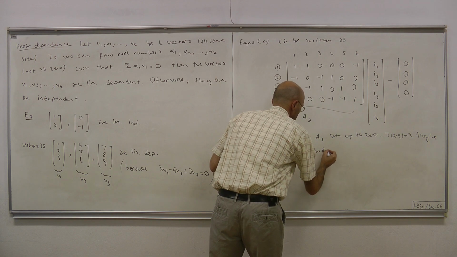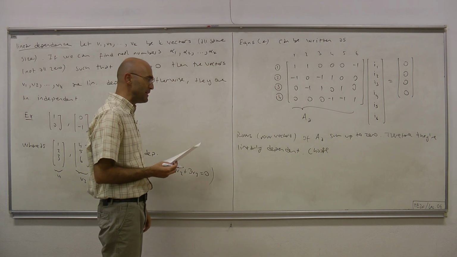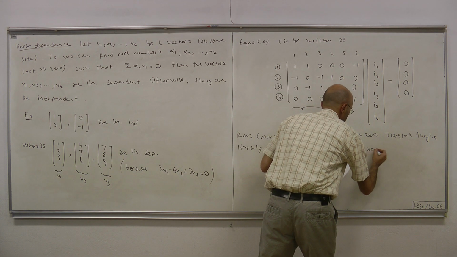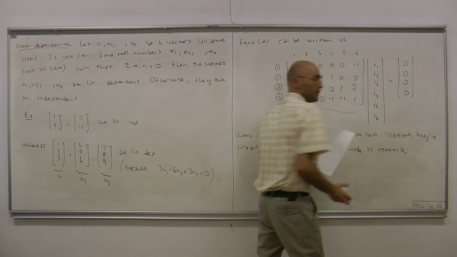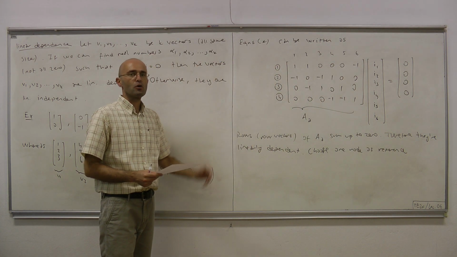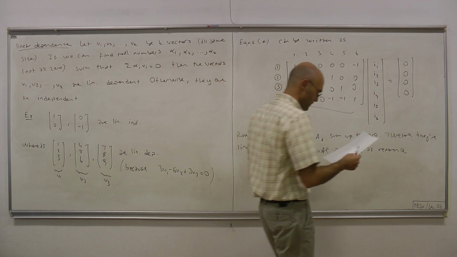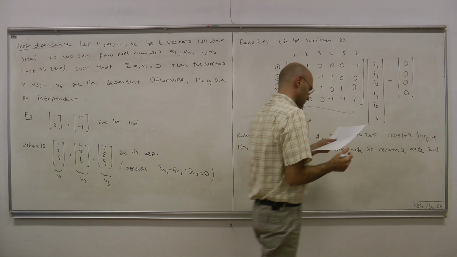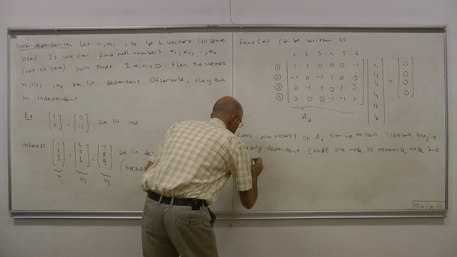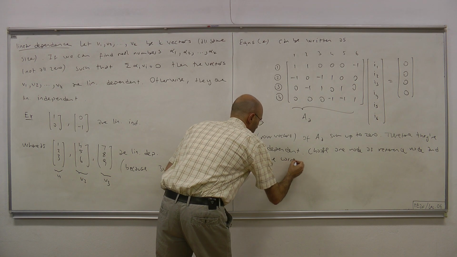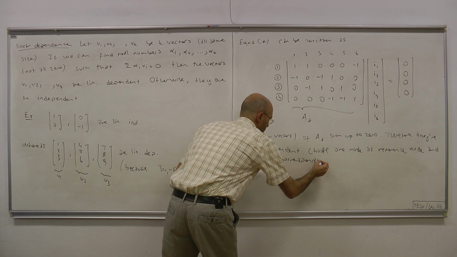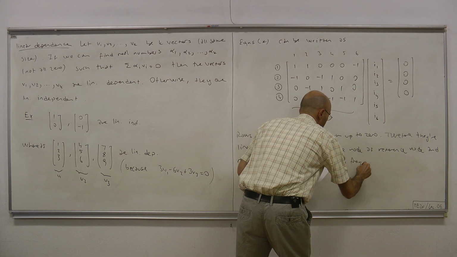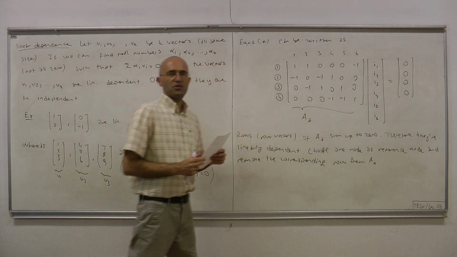So, to express KCL in a minimal way, we choose one node as reference, and then we remove the corresponding row from the incidence matrix.